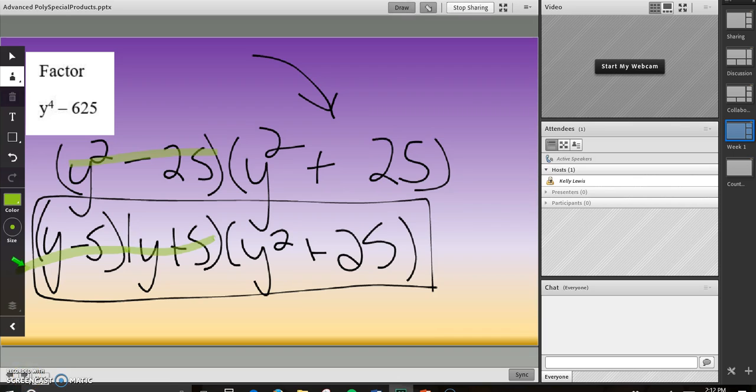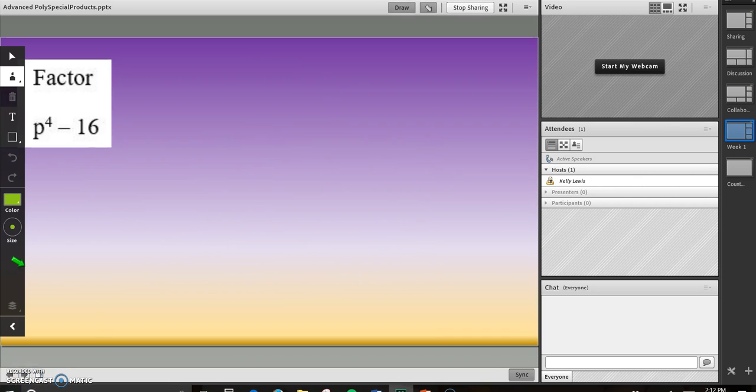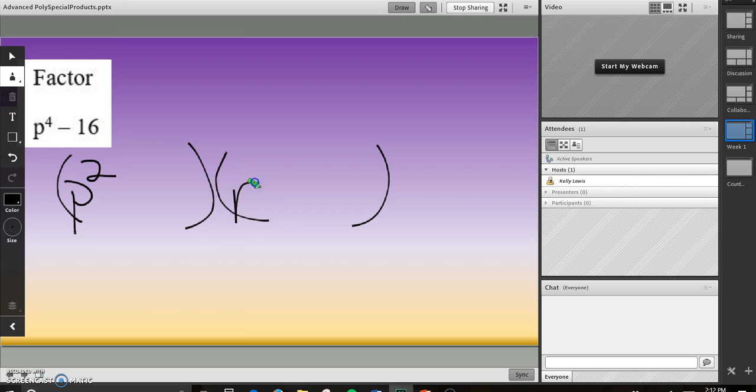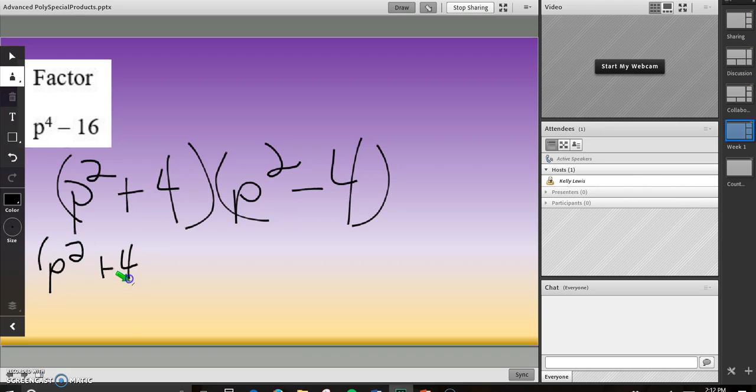Let's do another one just like that. If we have a p to the 4th, a p to the 4th is p squared times p squared. Square root of 16 is 4. One's plus and one's minus. We cannot factor him, so he's just going to hang out and relax.